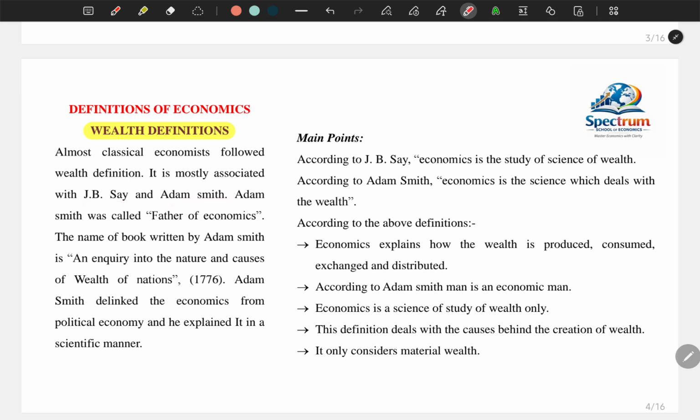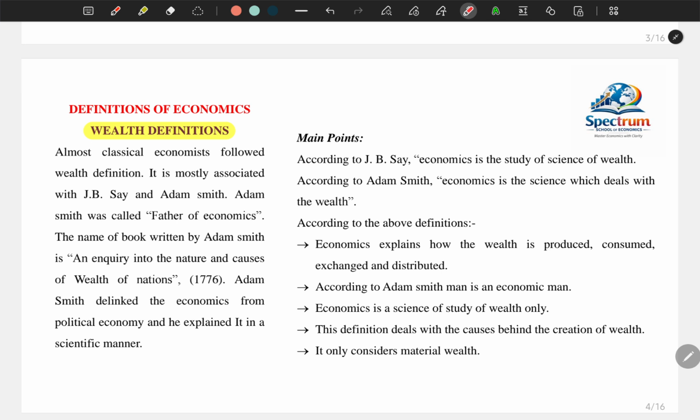We can consider Adam Smith as the father of economics, and he wrote the book An Inquiry into the Nature and Causes of the Wealth of Nations in 1776.